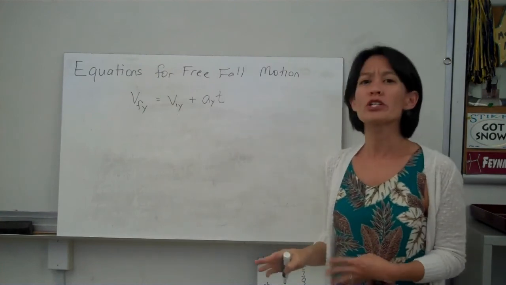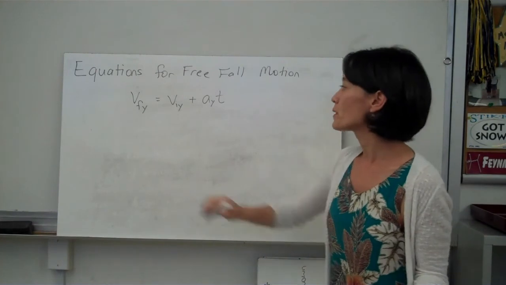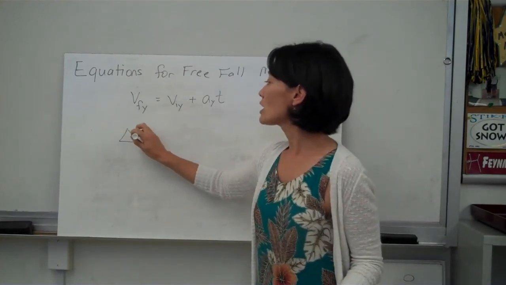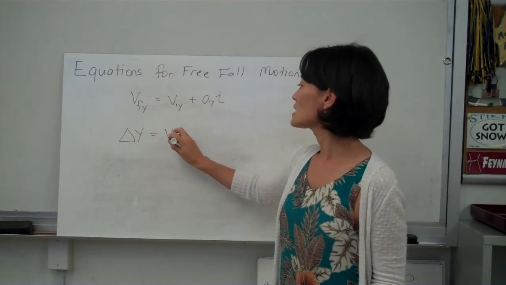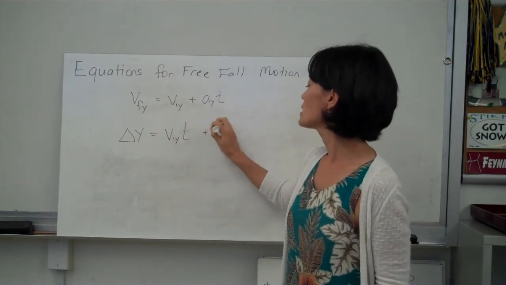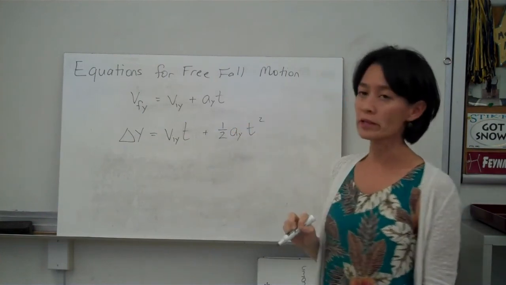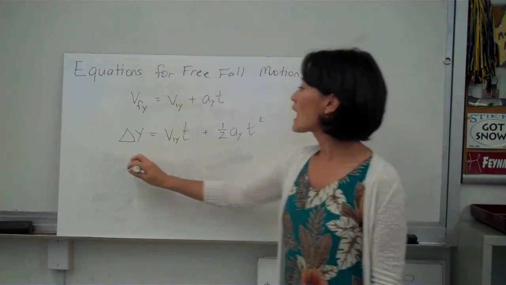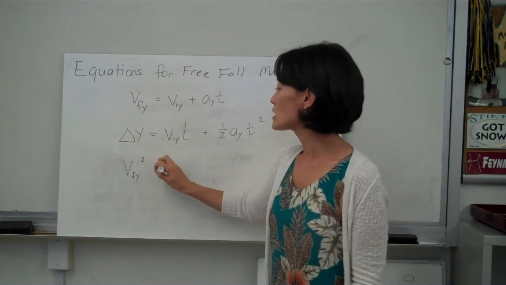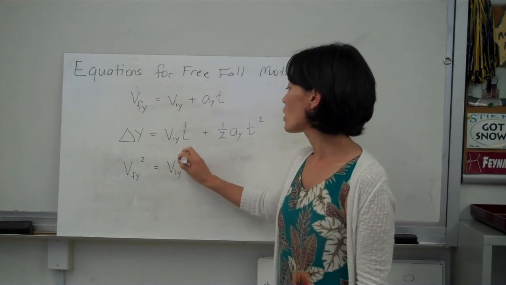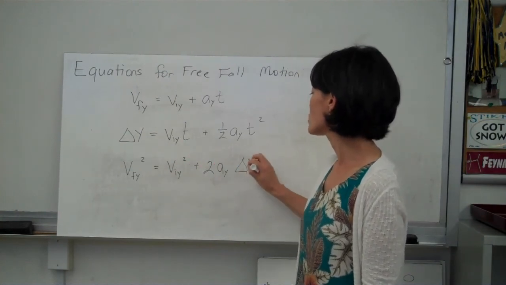So it's the same equation, I'm just adding a subscript to denote that I'm talking about the vertical direction. And then the second equation, again, should look familiar. I've got delta y instead of delta x, and it's v initial y times t plus 1/2 a y t squared. And then the last equation, again, we're just going to add some subscripts. V final y squared equals v initial y squared plus 2 a y times delta y.